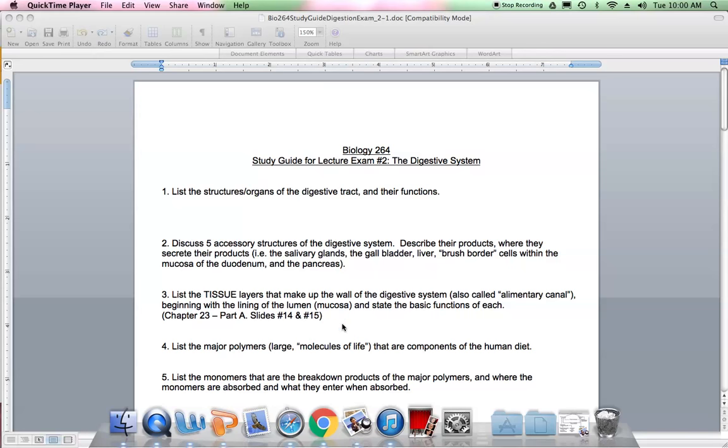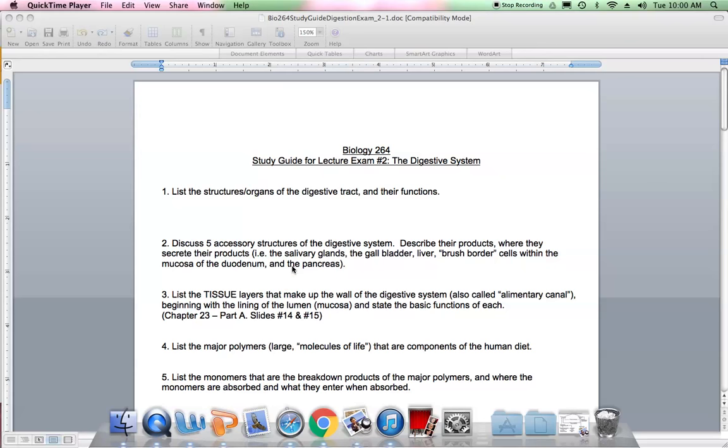Okay, and the mucosa has a number of functions, specific functions depending on the area, but primarily the mucosa is a protective layer. There's mucus cells, goblet cells actually scattered throughout that secrete mucus on the surface of this membrane to protect the tissues from abrasion as materials travel through the lumen.